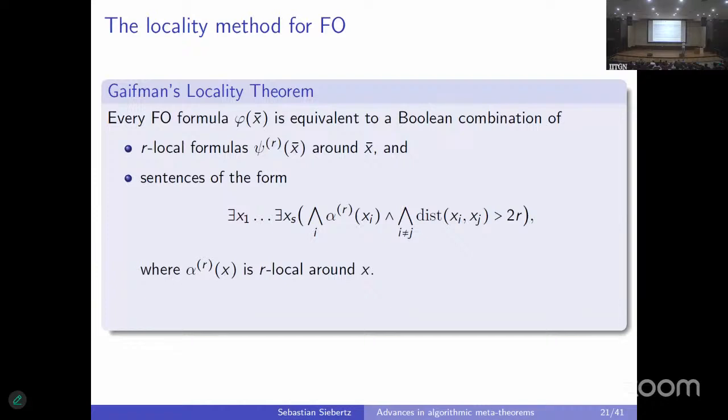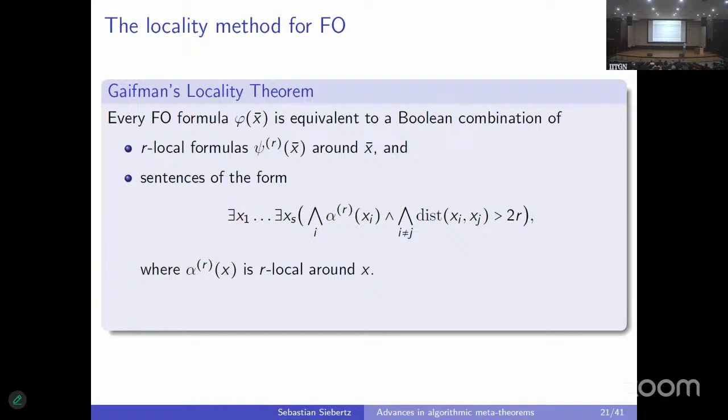It looks like a completely local property, right? Even if you look for something that is far away, you really look for vertices satisfying this local property. Either you succeed by finding your s vertices, or all the other vertices that have the property must be close to one of the vertices you found.